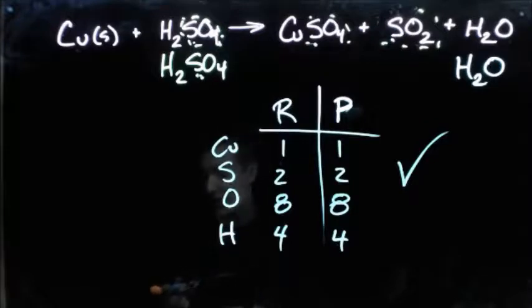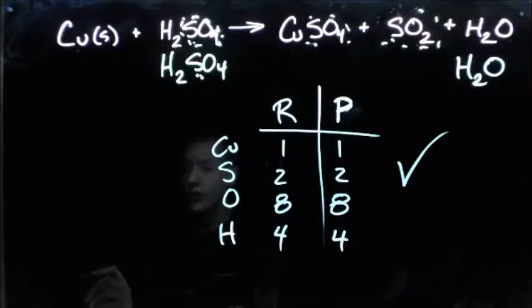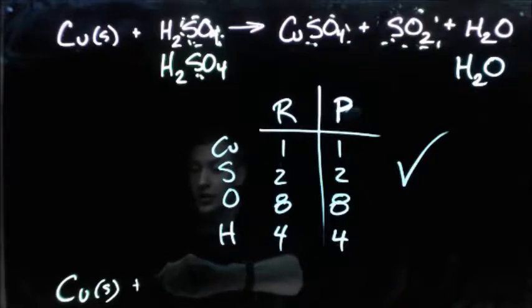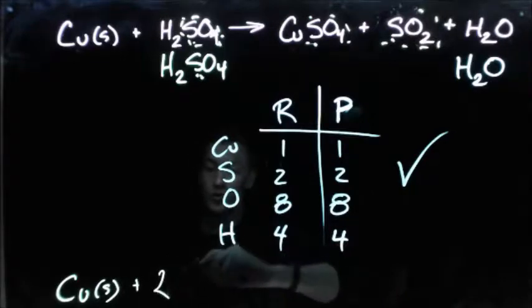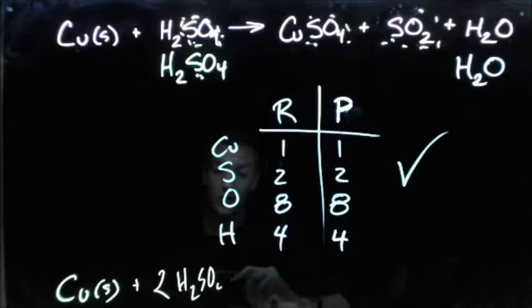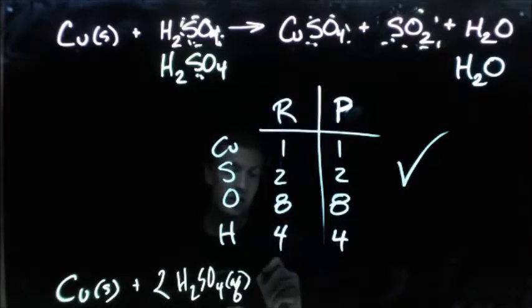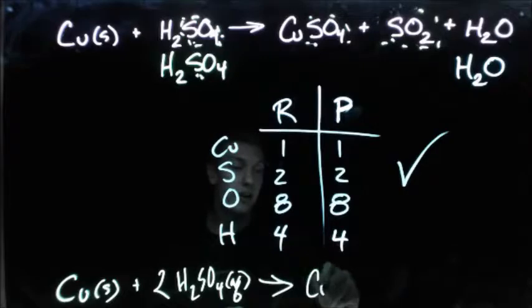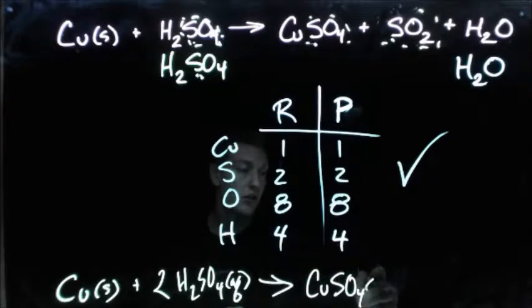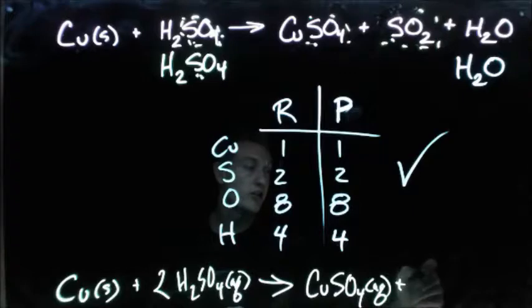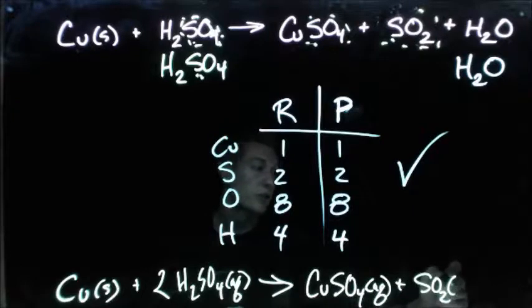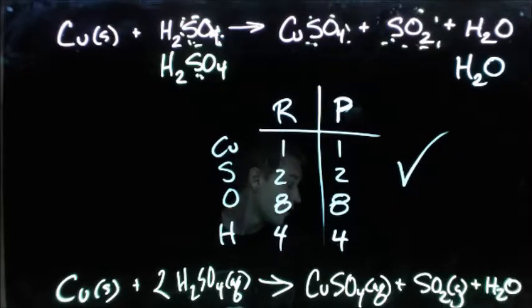And then as a final step, I'm going to rewrite it with coefficients. So the overall reaction: you've got copper solid reacting with 2 sulfuric acids, aqueous, and that yields copper sulfate, also aqueous, plus SO2, that's going to be a gas, plus H2O, and that's going to be a liquid.